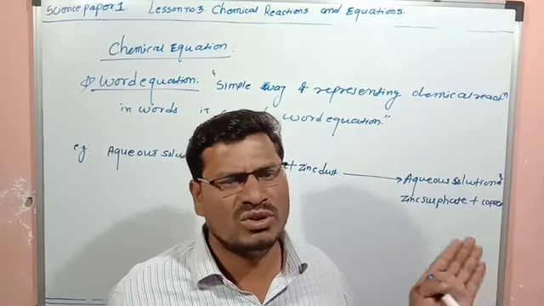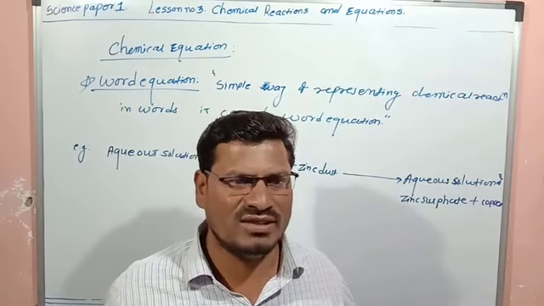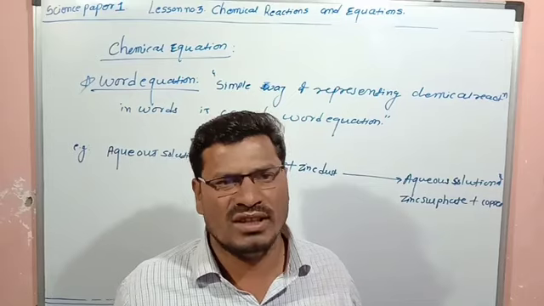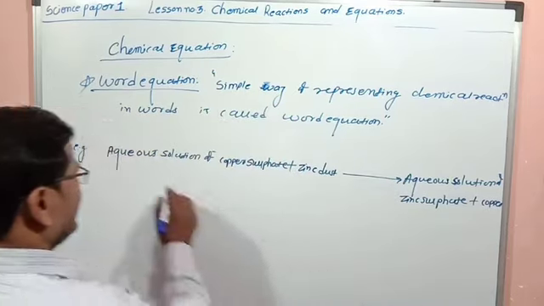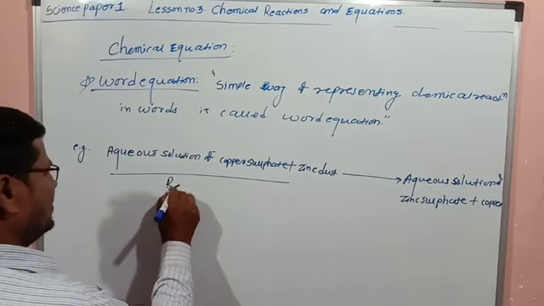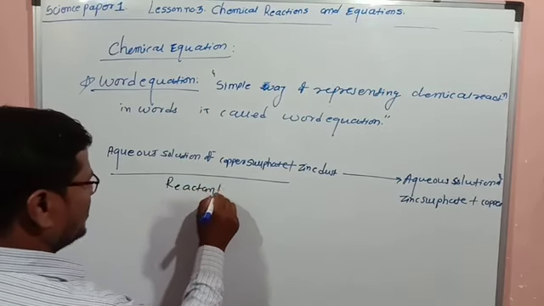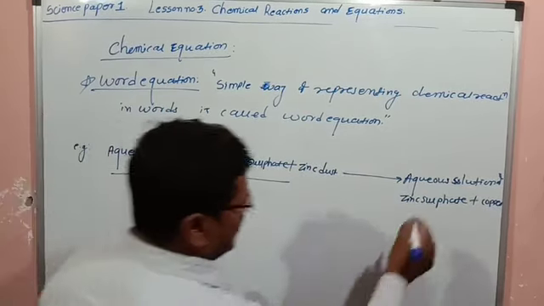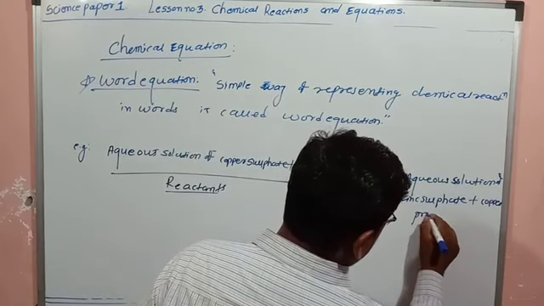So if you are using words for the reactants and products, then you can say this is a word equation. To the left of the arrow these are the reactants, and to the right of the arrow these are the products.